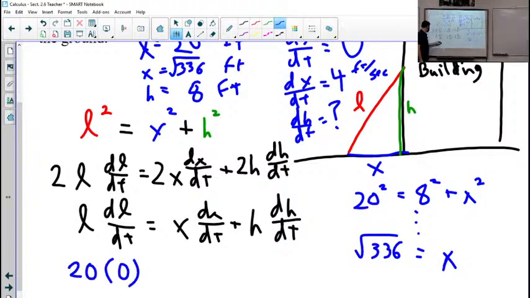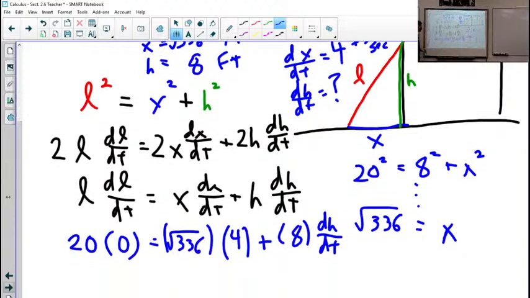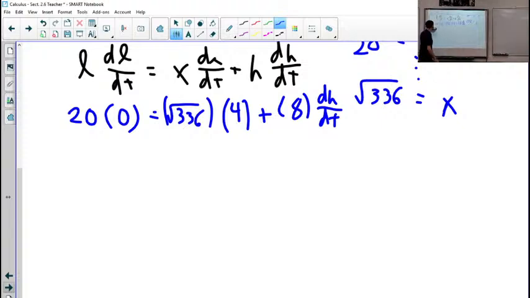So we plug all those in. 20 times 0 equals x, which is square root of 336, times dx dt, which is 4, plus h, which is 8, times dh dt, which is what we're trying to solve for to begin with. And then something's going to happen here.